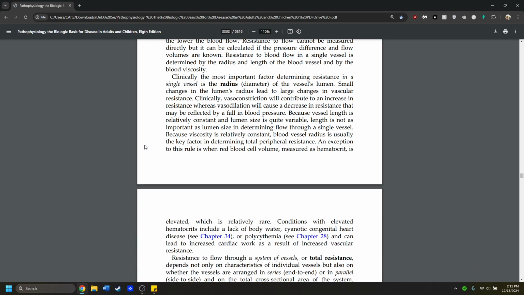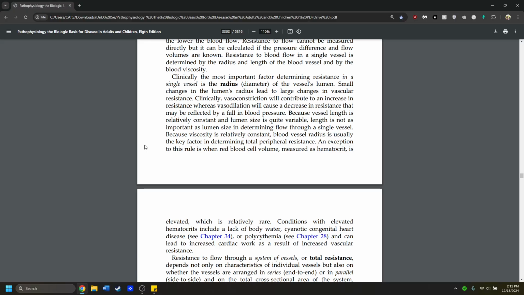Clinically, the most important factor determining resistance in a single vessel is the radius of the vessel lumen. Small changes in lumen radius lead to large changes in vascular resistance. Clinically, vasoconstriction can contribute to an increase in resistance, whereas vasodilation will cause a decrease in resistance that may be reflected by a fall in blood pressure.